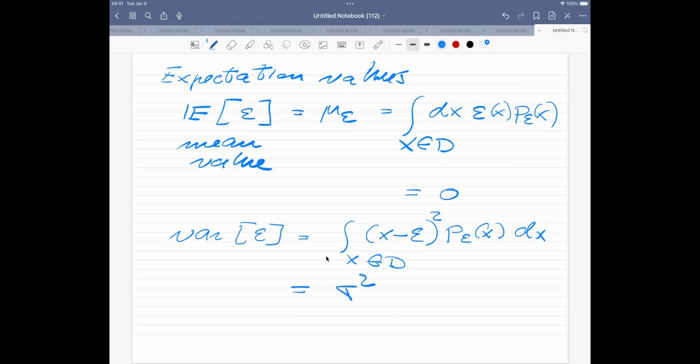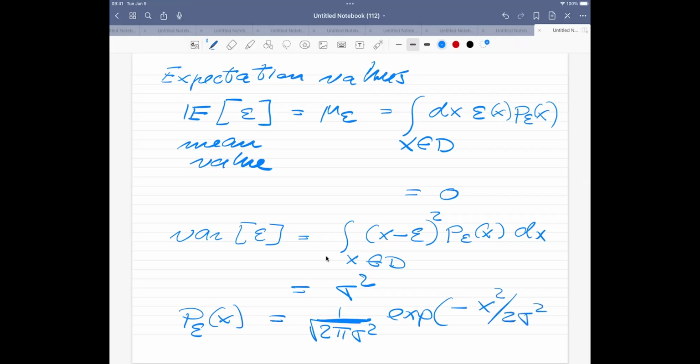And the probability p of x is now given by a standard normal distribution with zero mean value, one over the square root of 2 pi sigma squared, times the exponential of minus x squared divided by 2 sigma squared. So that's a standard normal distribution, which means that we set the mean value to 0. Does that sound familiar? Seen before?